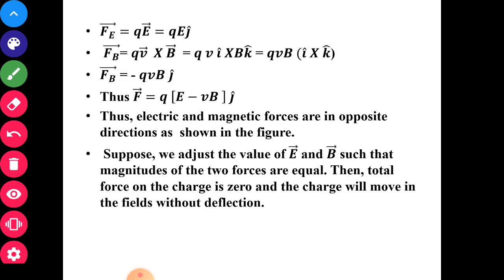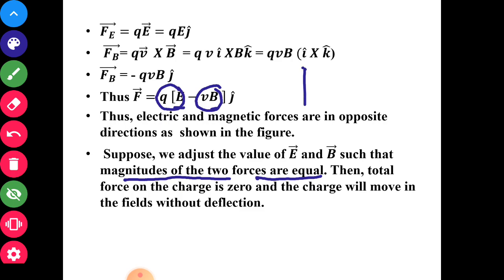Now we adjust E and B in such a way that the magnitudes of E and B are so adjusted that this electric force, that is QE, and the magnitude of QVB become equal, such that the magnitudes of the two forces are equal.